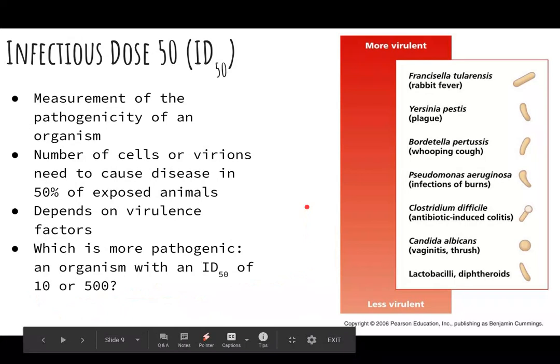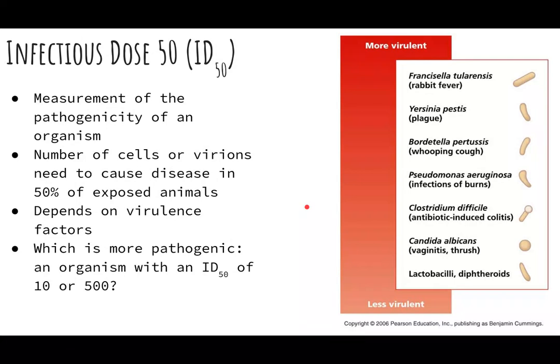So if you have an ID50 of 10, that means you're able to cause disease with only 10 bacterial cells. You've looked at them under the microscope. That's teeny tiny, itsy bitsy. So if we have a low ID50, then we're able to cause disease with a much smaller amount of organism.